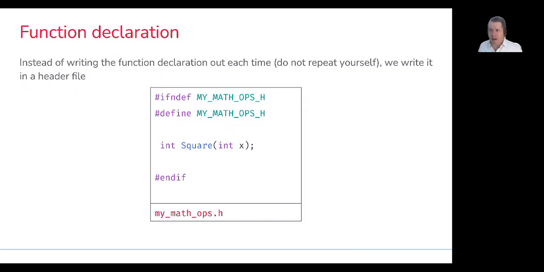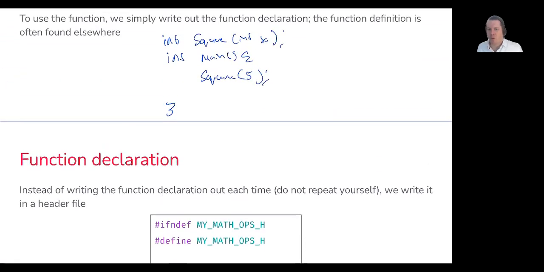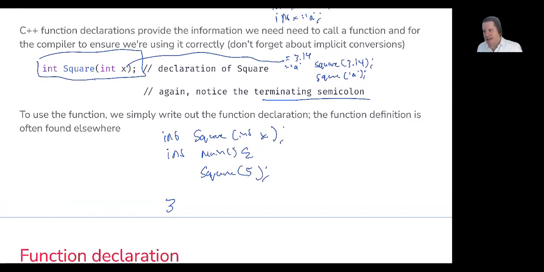Though once we talk about the compilation pipeline, we'll see exactly how these two different files are utilized and the implications of having, say, the definition of the function in its own source file and the declarations in their own header file. So instead of writing the declaration out each time we want to use it, for instance, and it has to be done once per file, and we'll get into more complicated programs where you're working with multiple files.